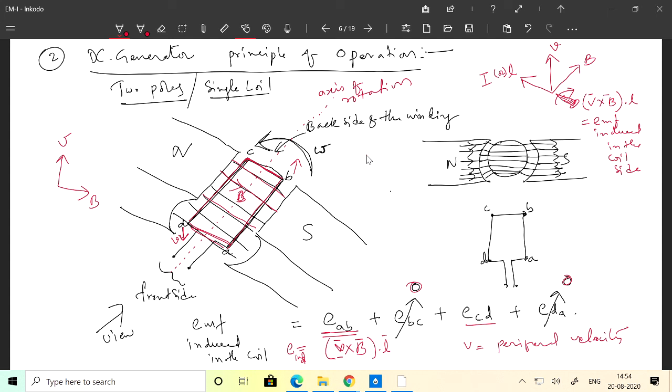V cross B means you have to screw like this, so the current vector will be in this direction, along the length of the conductor.